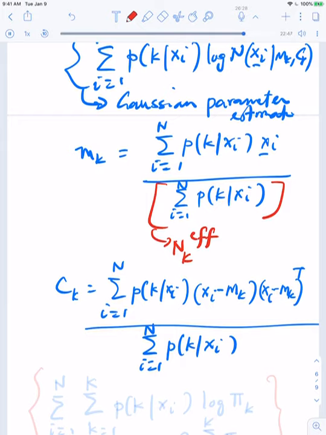And that leaves us with how to estimate the component probabilities.